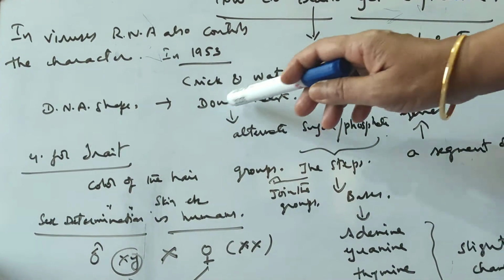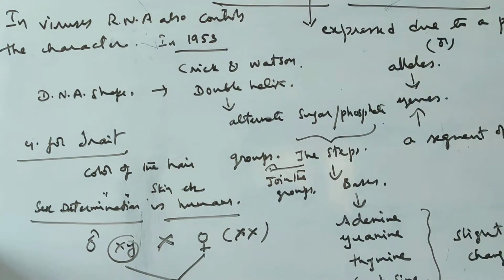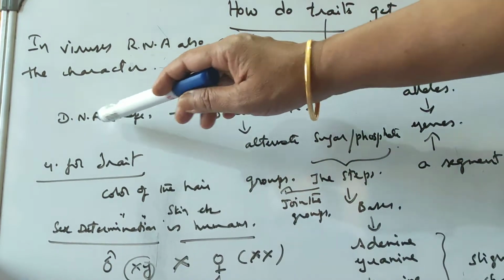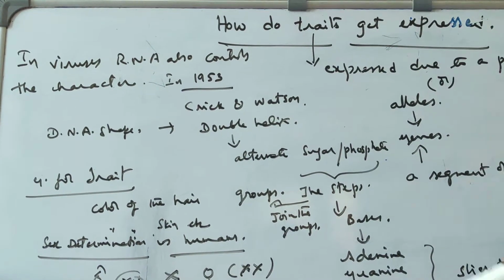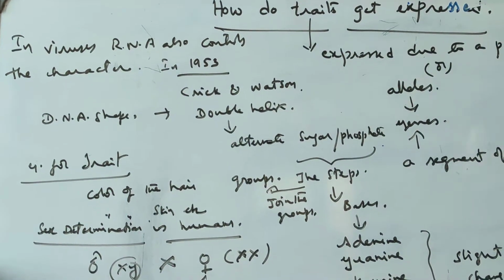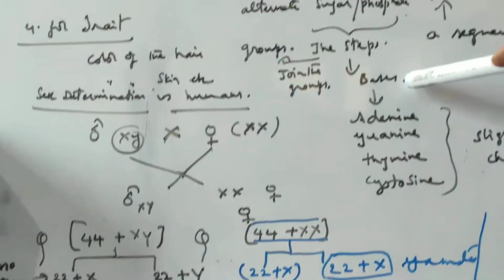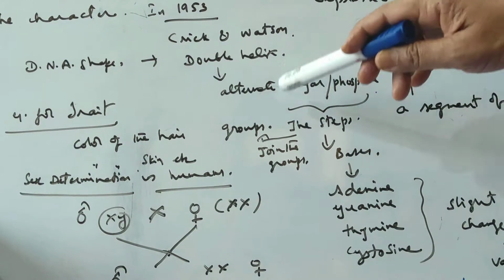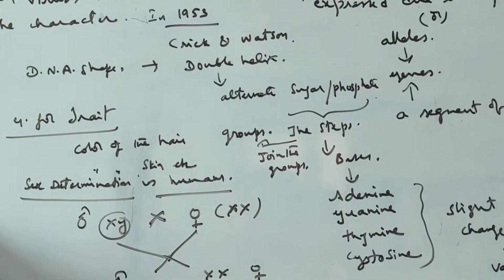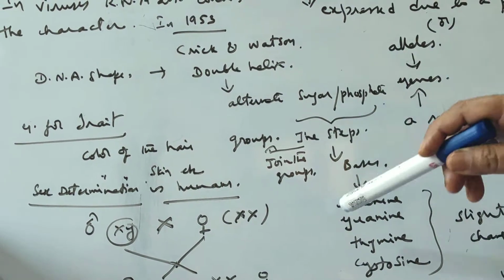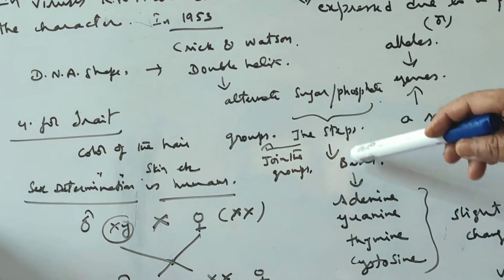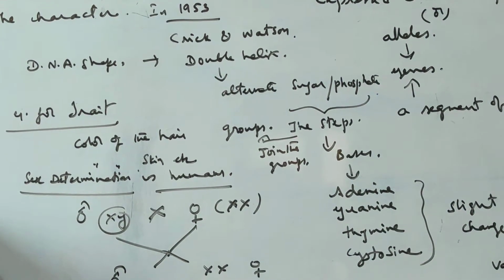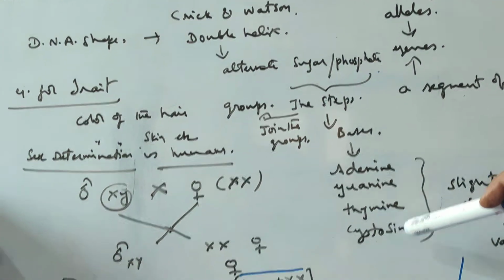It has a spiral shape, and the two spirals are joined horizontally with steps, and these steps are called bases. The spiral helix has sugar and phosphate alternately. The bases are adenine, guanine, thymine and cytosine.